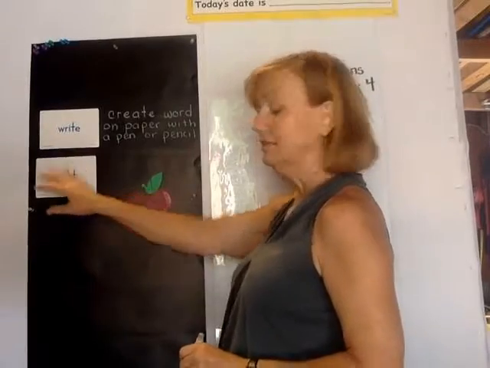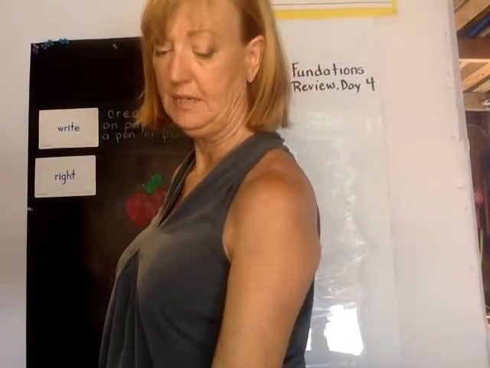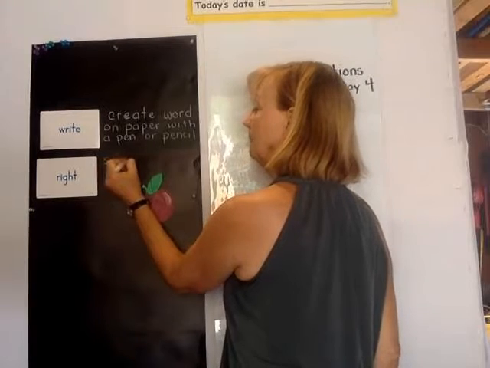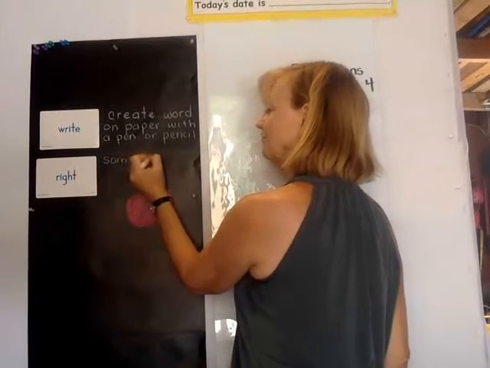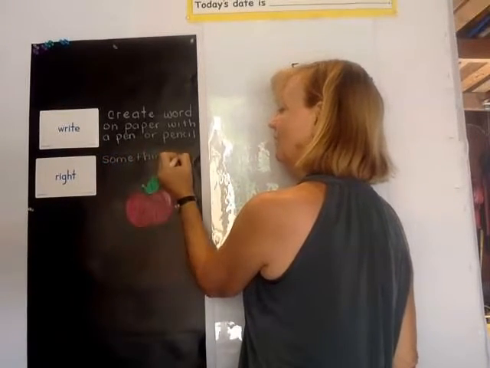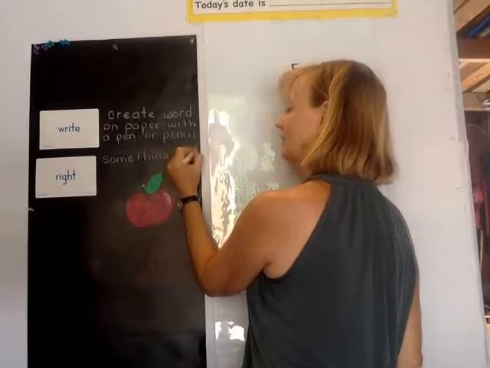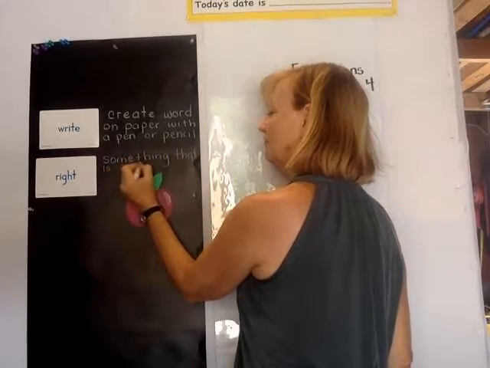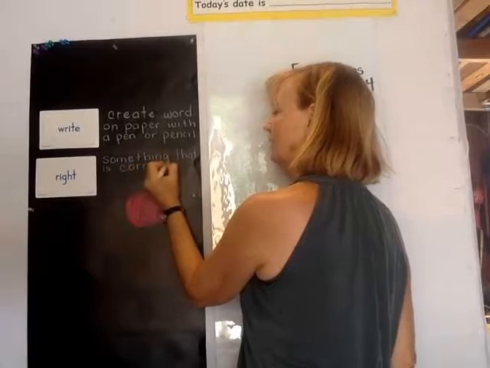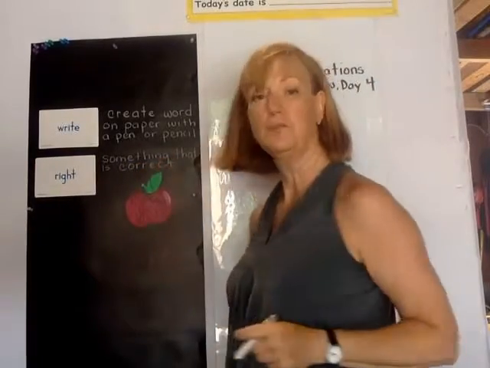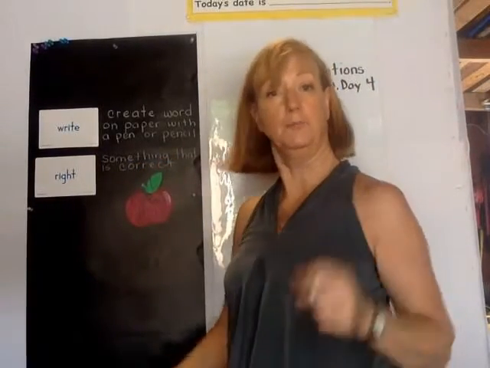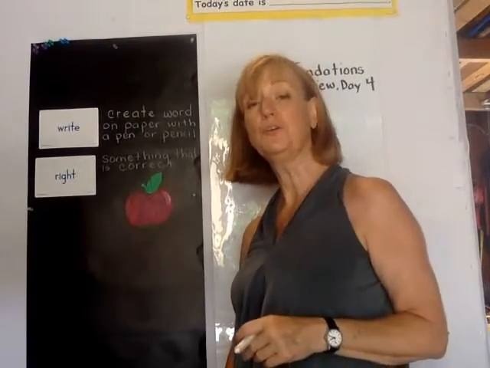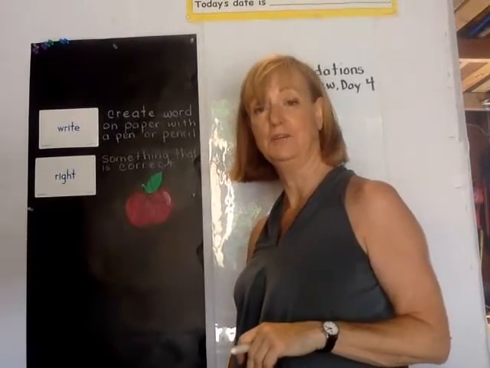Now this right has a couple of meanings. It means something that is correct. You did the right thing. You cleaned up your room this morning. That was the right thing to do. You spelled your words correctly. That was the right thing to do.